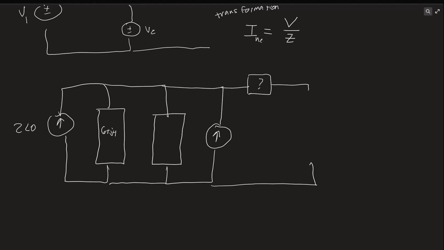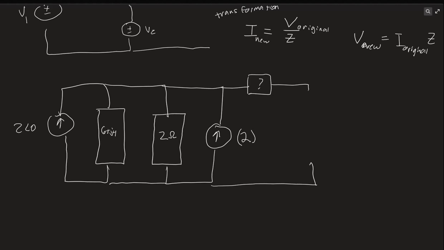So your new current source equals your original voltage over the impedance. If we did it the other way around, then our new voltage source would equal our original current source times the impedance. But the impedance doesn't change. So that's going to be 2 ohms.